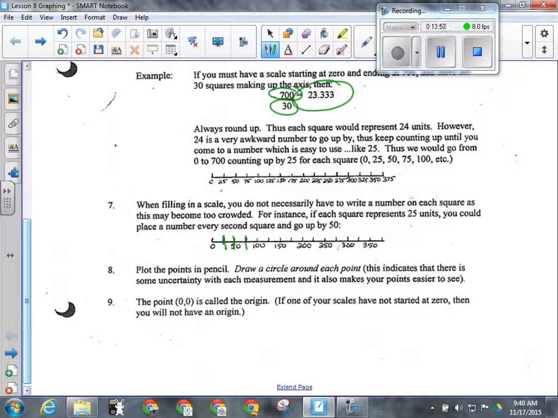Okay. All right. Once you have your axes done and labeled and you got a scale on each of them, then you can start plotting your points. Okay. How do we plot points? Okay. We just look at their values. If I have got a graph that looks like this, let's say it's 1, 2, 3, 4.